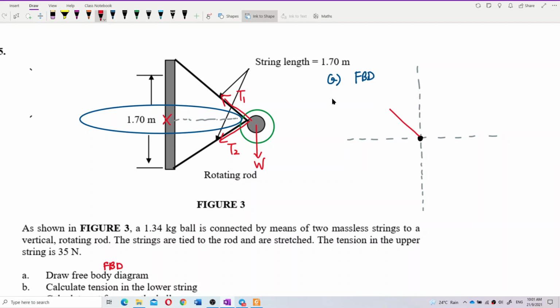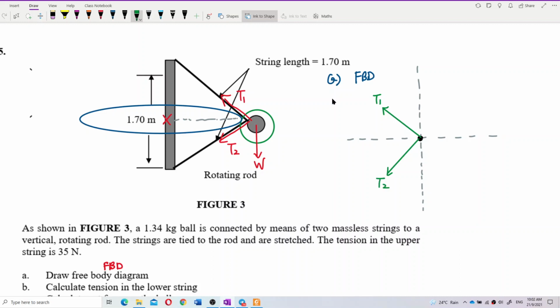It has the tension 1 in this direction. I don't think I should use the red color, so better use green. So this is tension 1, and then you have tension 2.